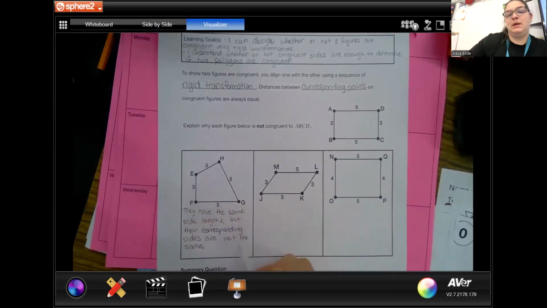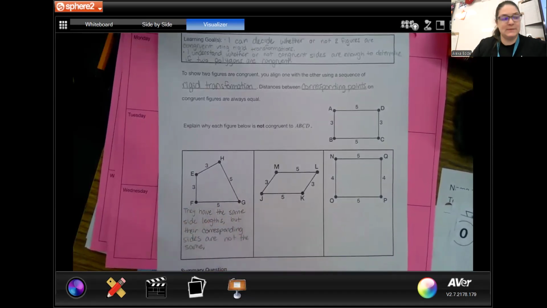So again, what I mean by that, and what Desmos was trying to say was, their orders can't be matched as you go around each polygon. So these polygons can't be congruent.